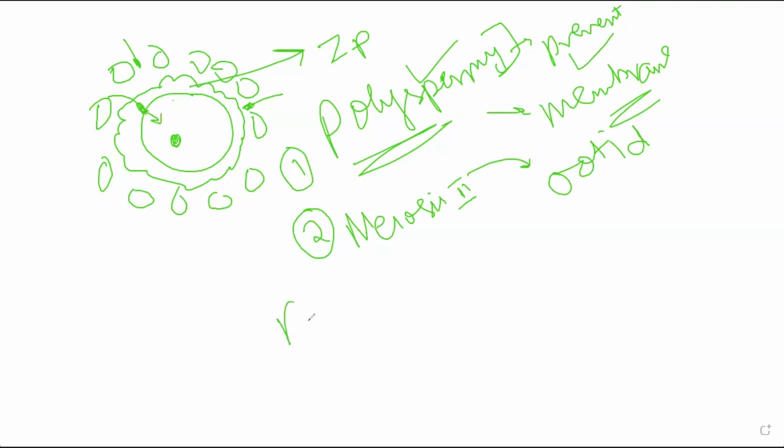You will have n number of chromosomes from the male gamete and n number of chromosomes from the female gamete.